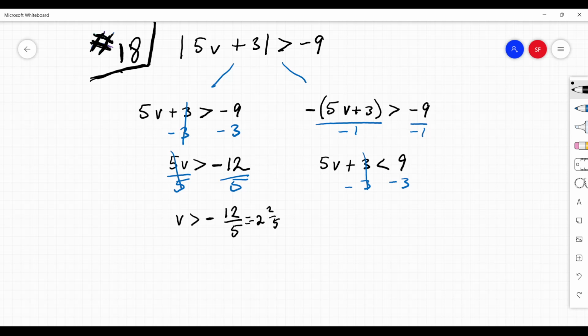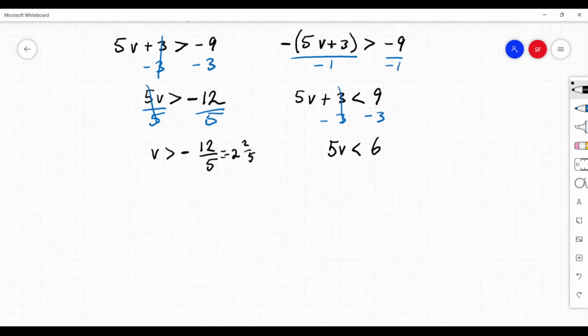Good job. We're so proud. I still don't have graphing. Well, there you go. So we're going to divide by 5. So we end up with V is less than 1 1/5.